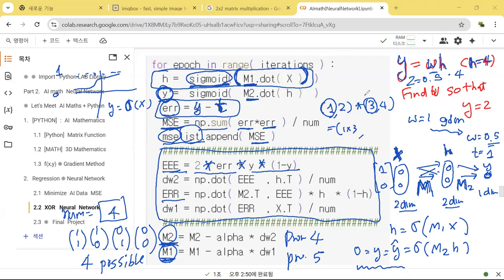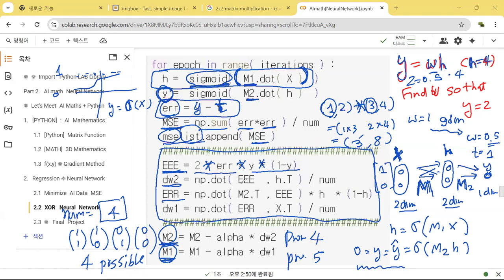And then the second term is multiplied like this. So in general, this one is 3 times 8, okay? So the asterisk is a multiplication table operation. So using this one, we can find out E, and then DW2.